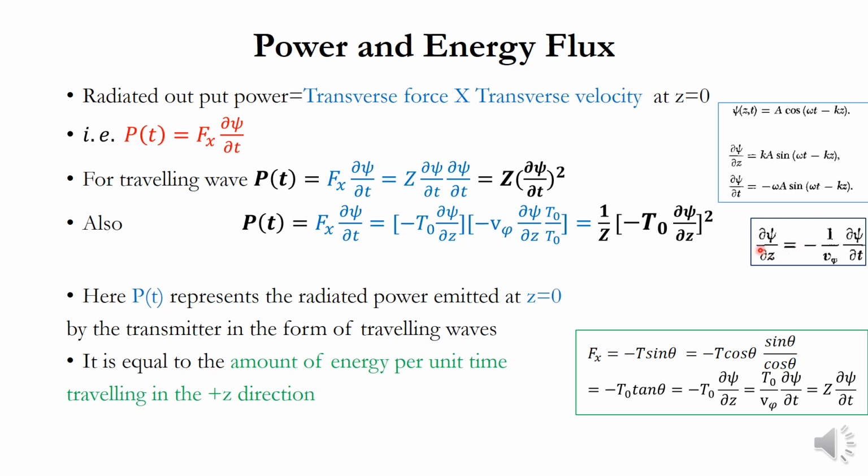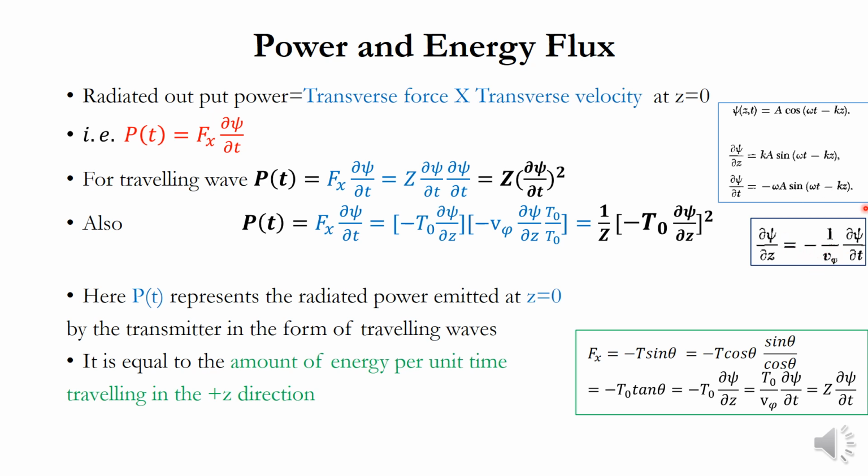So that dou psi by dou z, we can divide this with this one and obtain this. Since in dividing these two, LHS and RHS, the a gets cancelled and the sine gets cancelled, the remaining term is k by omega, that is 1 by omega by k, where omega by k is nothing but the velocity.